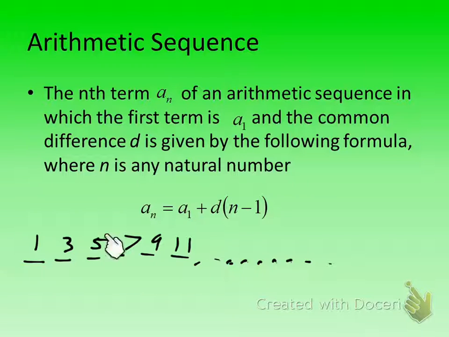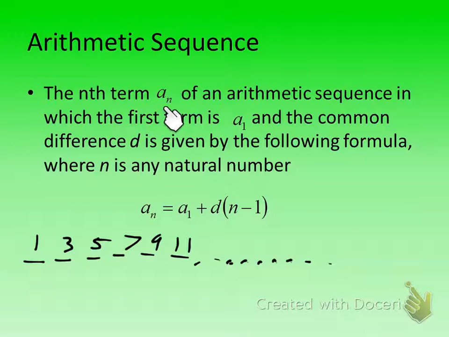So 1 obviously is the first term in that sequence. It's a sub 1. No big deal there. The nth term, a sub n, means whatever term you're talking about. It can change. If you're talking about the second term, this would be a sub 2. If you're talking about the fifth term, it'd be a sub 5. If you're talking about the 27th term, it'd be a sub 27.